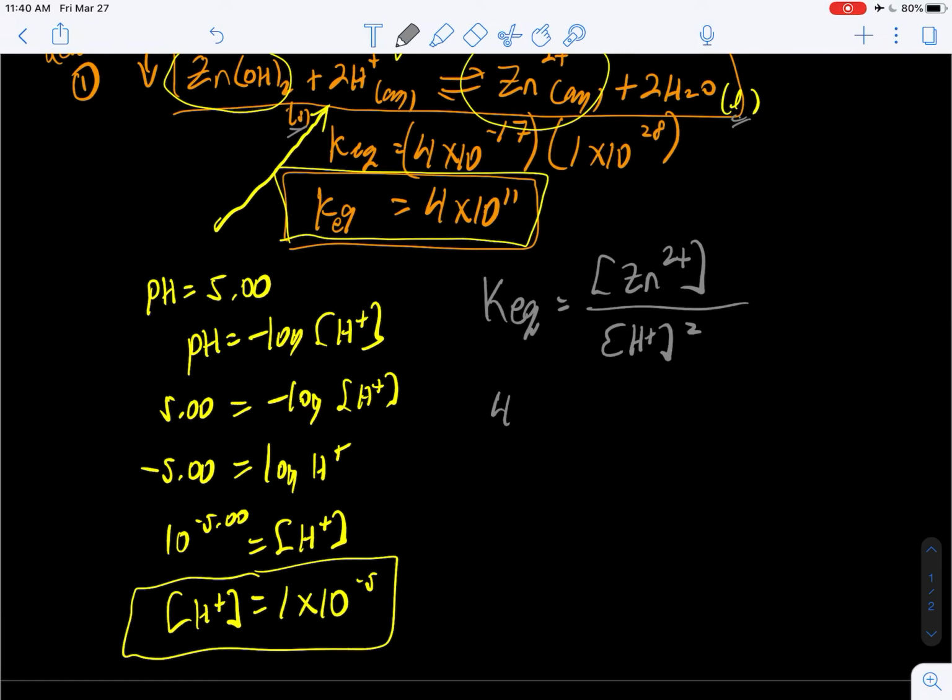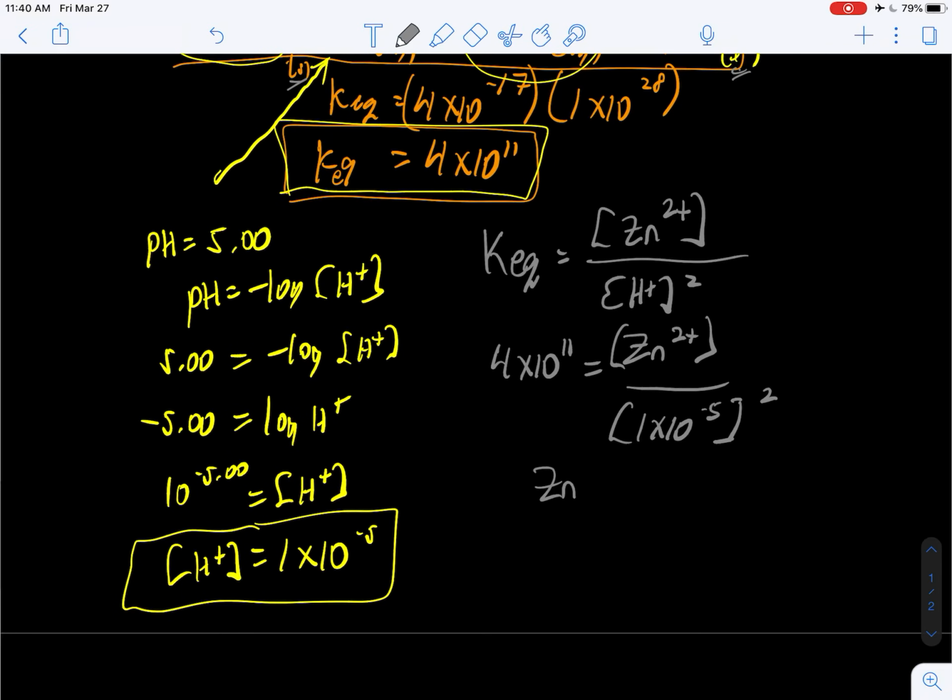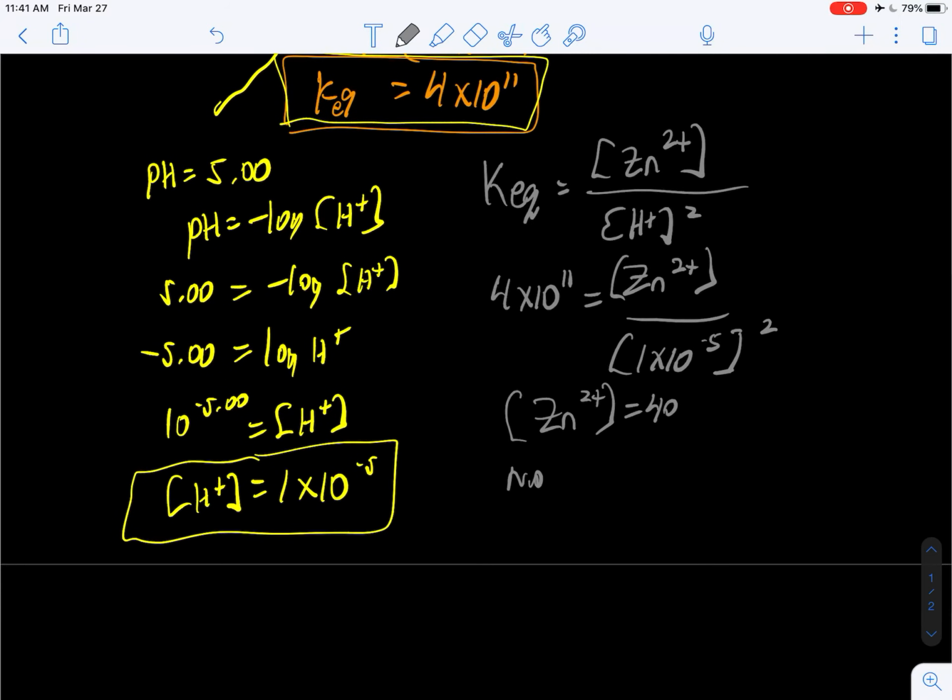The Keq is 4 times 10 to the 11th, and that's equal to the zinc ion concentration over 1 times 10 to the minus 5. Don't forget to square that. And after you do all of this work, you're going to find that the zinc ion concentration is equal to 40. So what that means is that the molar solubility of this substance is going to be 40 moles per liter, and that's almost astronomical, okay?